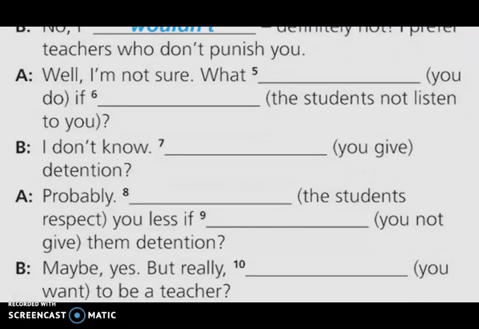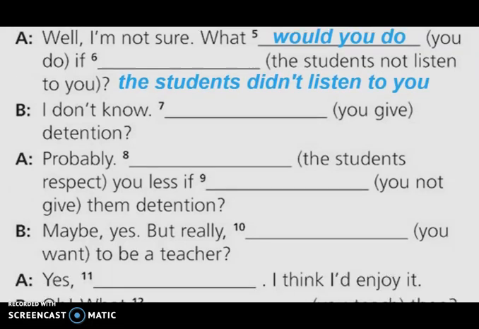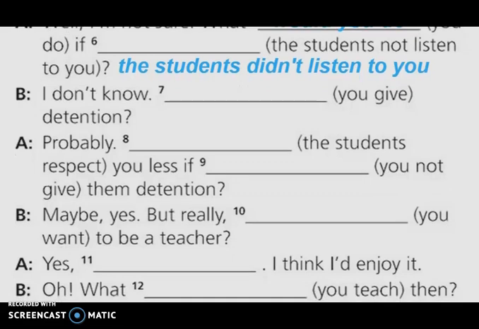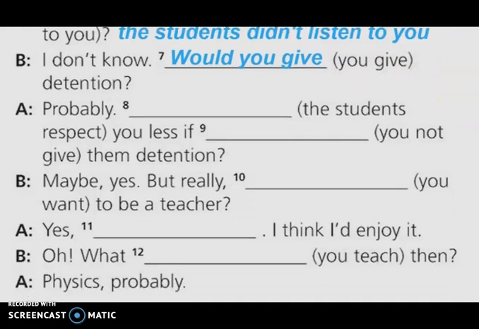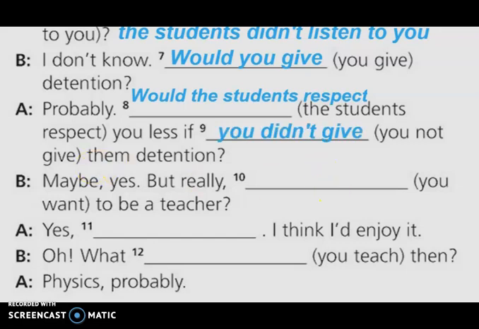Number 5, I'm not sure. What would you do if the student didn't listen to you? I don't know. Would you give a detention? Probably. Would the students respect you less if you didn't give them detention?